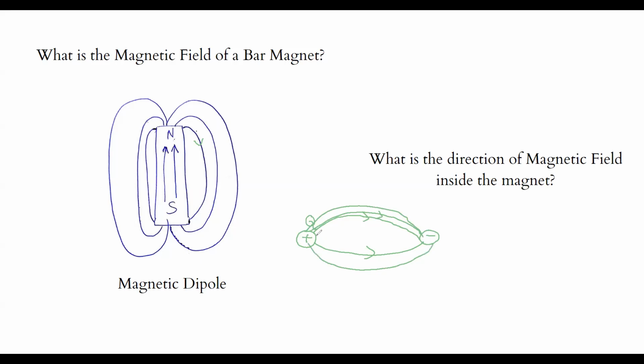However, there was no intermediate line between negative charges and positive charges. So we were having lines starting from positive and ending at negative. However, in the magnetic field, we have lines starting from the north pole and ending again at the north pole. So inside the magnet also we have magnetic field lines traveling from the south pole to the north pole.